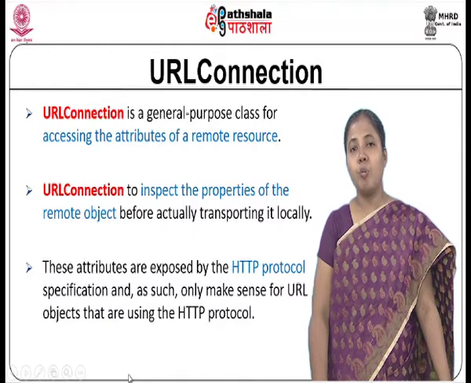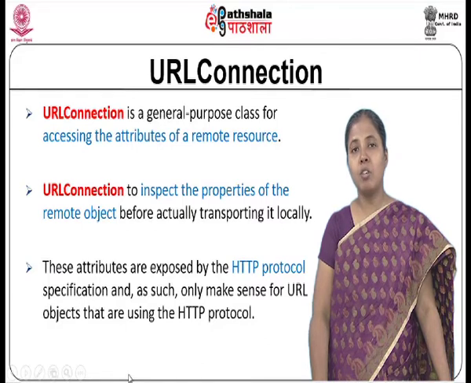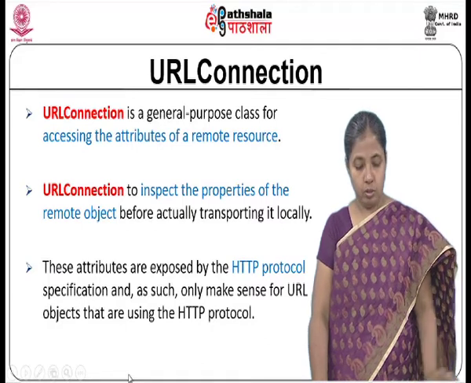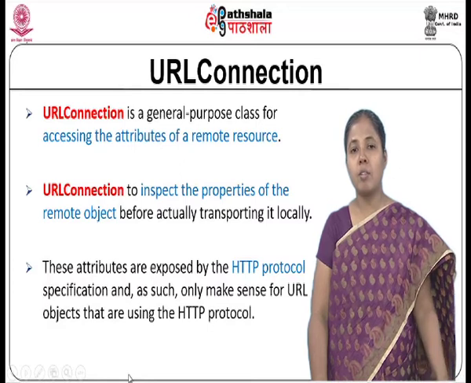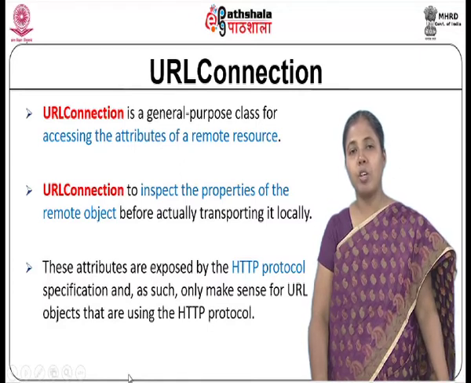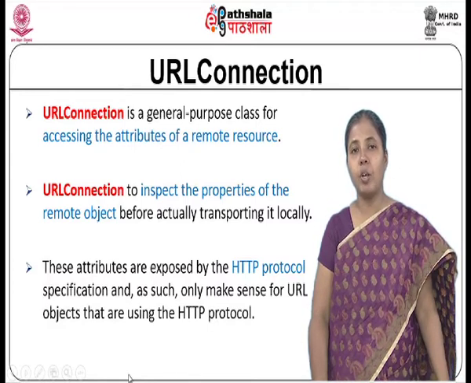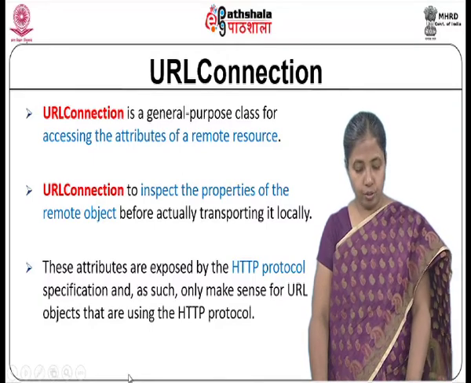These attributes are exposed by the HTTP protocol specification, and it only makes sense for URL objects that are using this HTTP protocol. So, in order to access the attributes or to inspect the properties of the remote object, we need to understand a class called the URLConnection class.